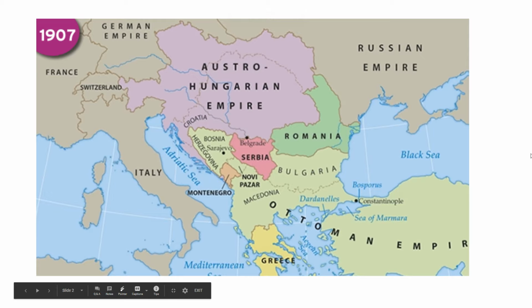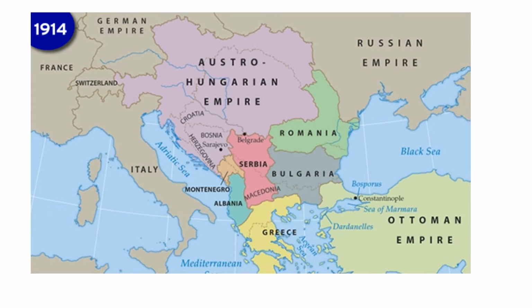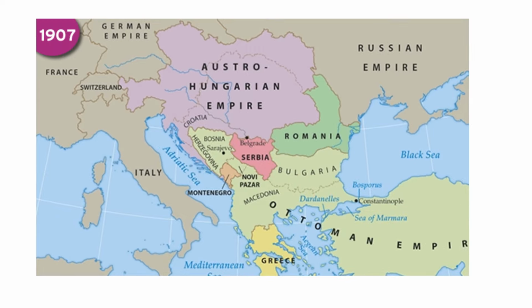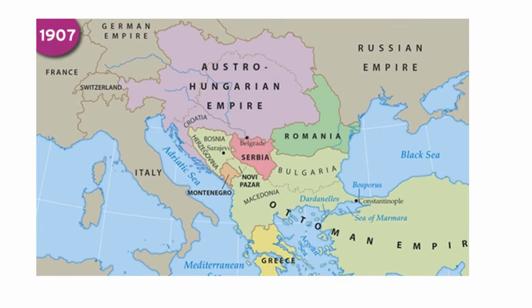When we talked about nationalism last week, remember the letter N in MAIN stands for nationalism as being a cause of World War One. I had showed these two maps side by side here. We have Europe in 1907 and we have Europe in 1914. So I had pointed out that some of these countries were created, right?